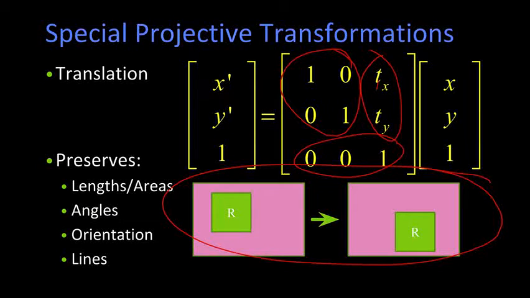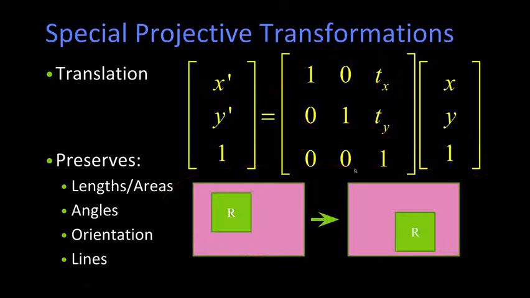Translation preserves the lengths and areas of objects, so as I move them around, the angles stay the same, even the orientation stays the same, and because this is a projective transform, lines remain lines. And lines remaining lines is going to be key to everything we do for at least 4 or 5 lessons. All right, so that's translation.